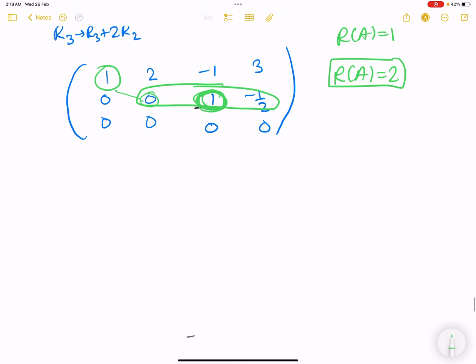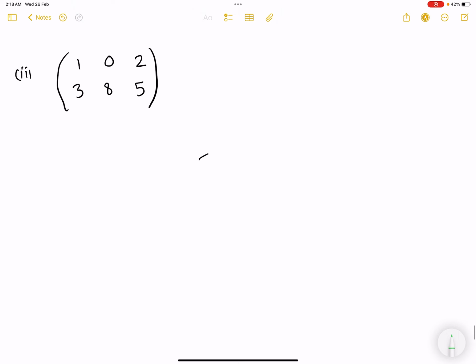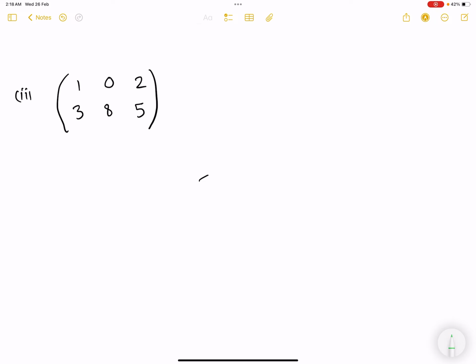Okay, now moving forward. Now suppose you're supposed to find rank of this. This is 2 cross 3. So you already know that rank of A should be less than or equal to 2. Now using the elementary row operations, R2 goes to R2 minus 3R1.